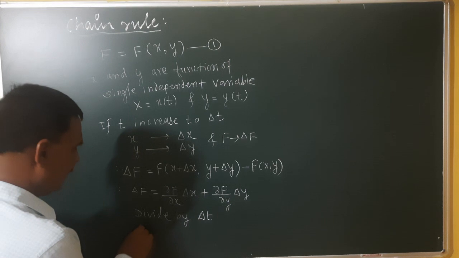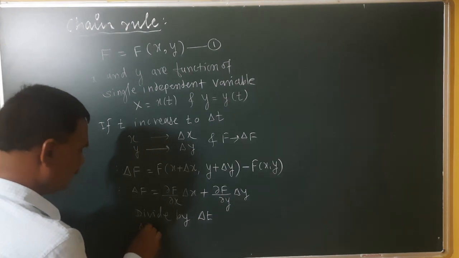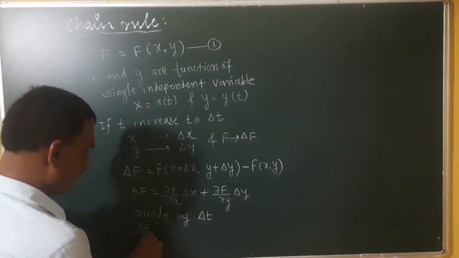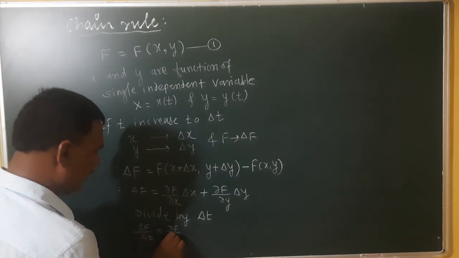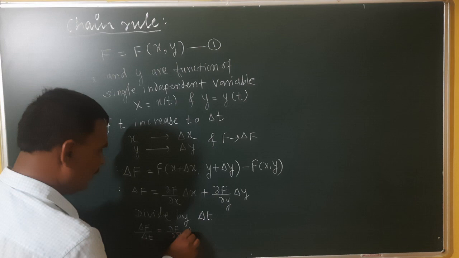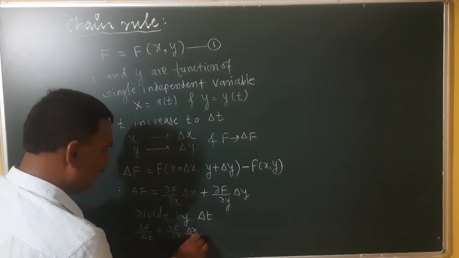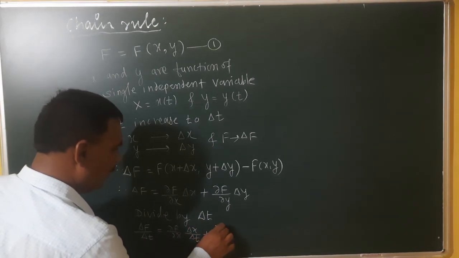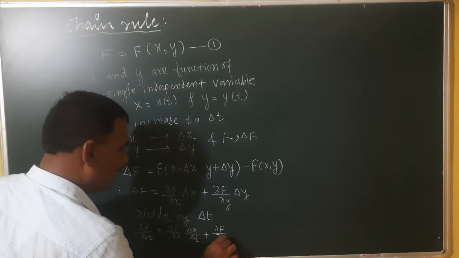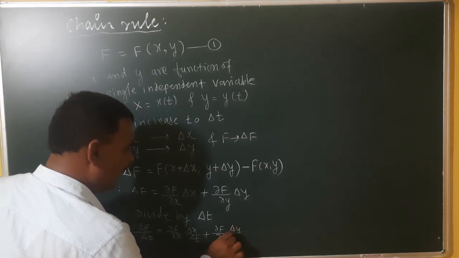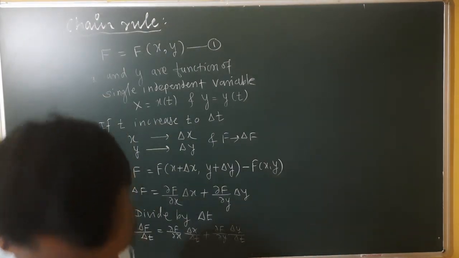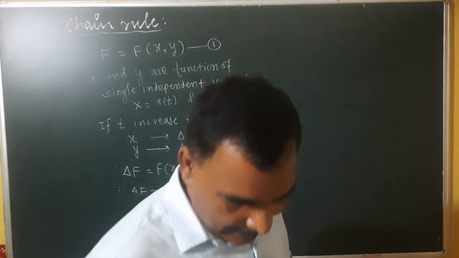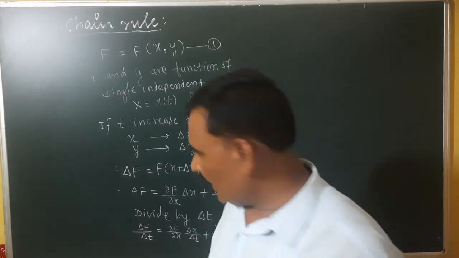Therefore, delta f upon delta t is equal to dou f by dou x into delta x by delta t plus dou f by dou y into delta y by delta t. This is a very important equation, and that is equation number 1.